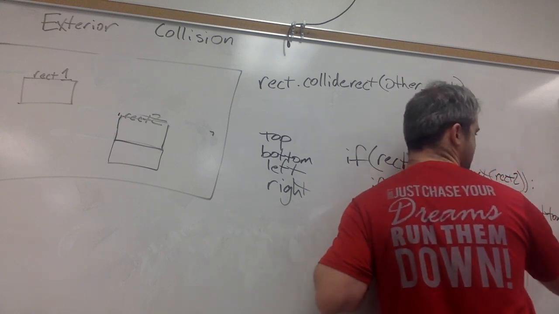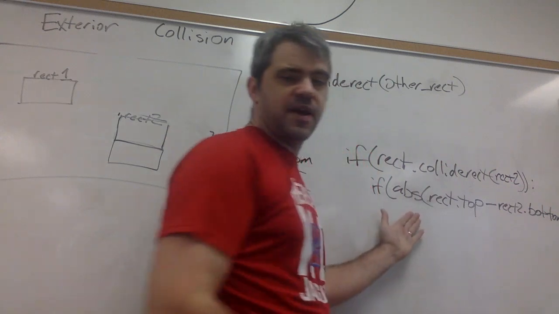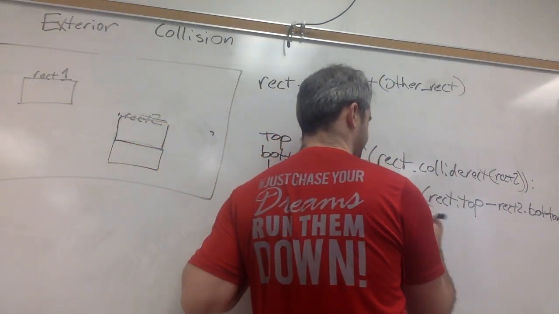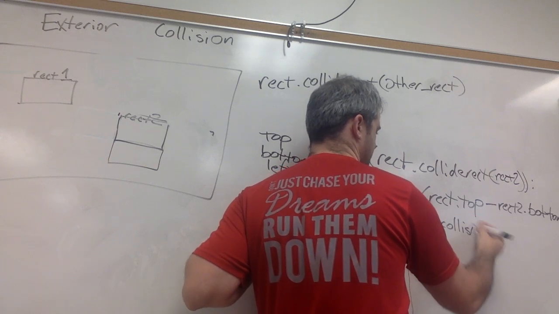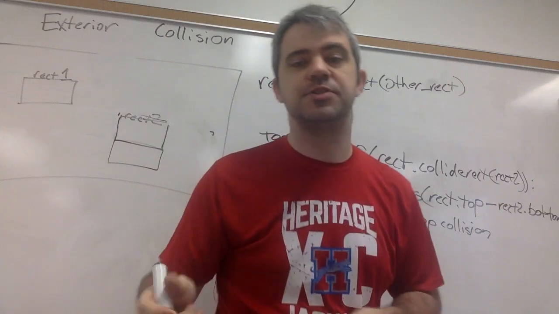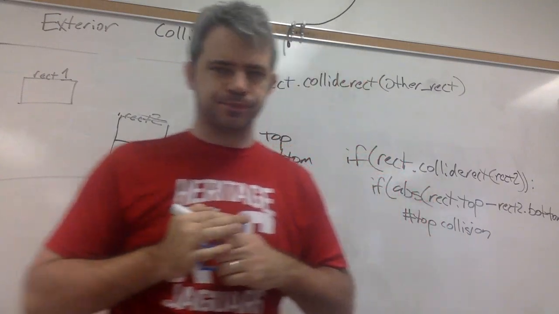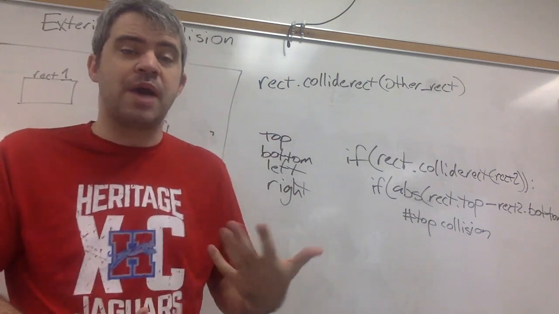If that difference is less than the tolerance, then we have a top collision. And we'll probably reduce our y speed to 0, or whatever you happen to be doing in this game.